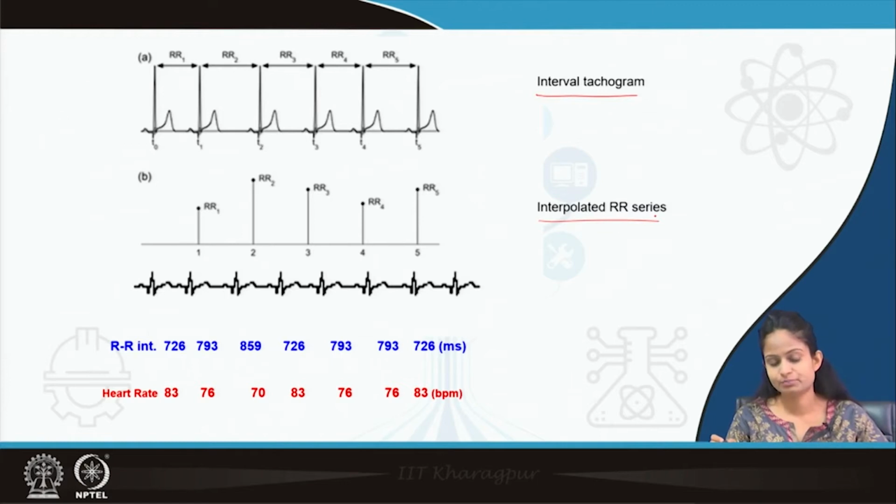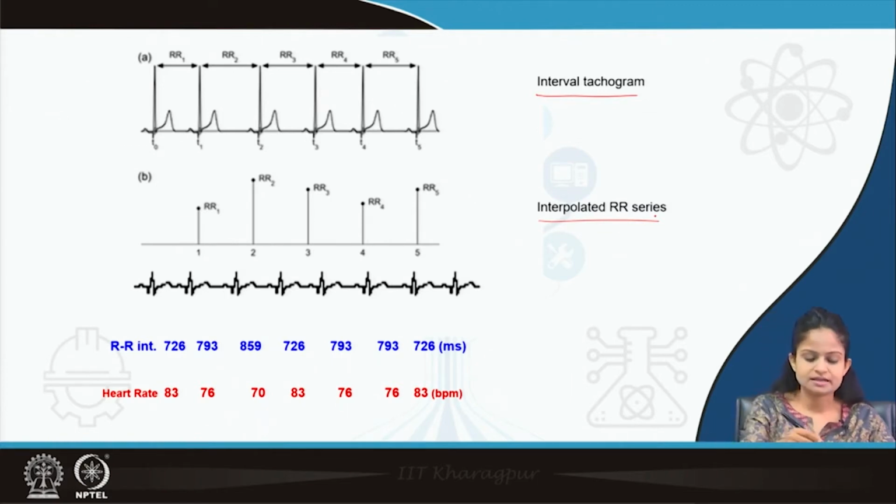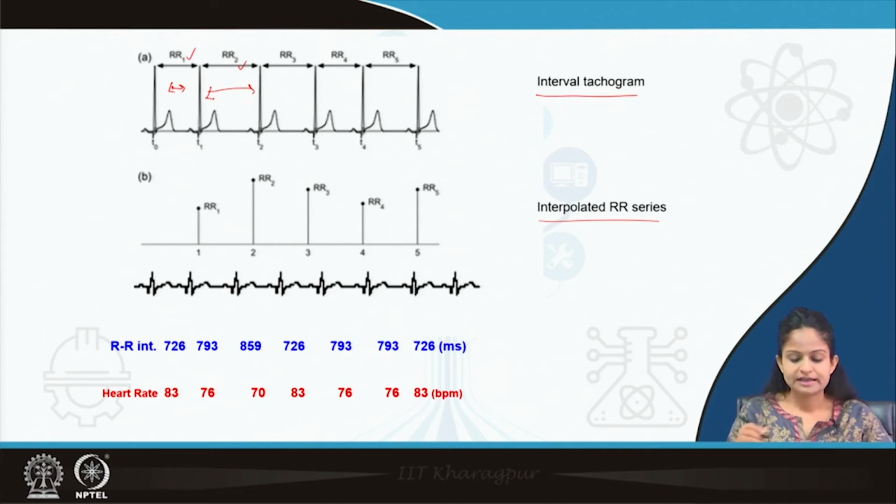interval which is interpolated. So, we can see this RR interval, if it is this duration, RR1 is definitely less than the duration of RR2. Then we have RR3 duration, then RR4 duration, again that is less compared to RR3.